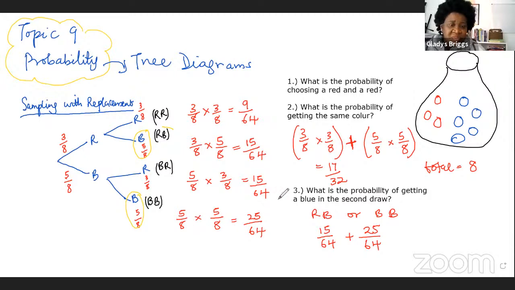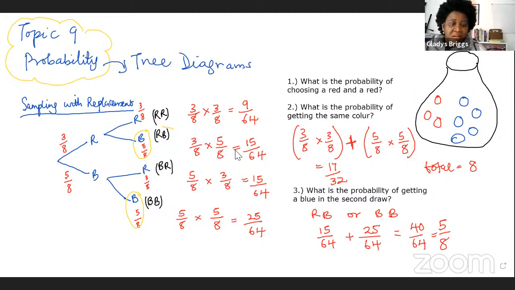If you want to write them all out, you can, but you already got them out here. So red and blue is 15/64, and blue and blue is 25/64. And that's equal to what? Five over 8. Well done.